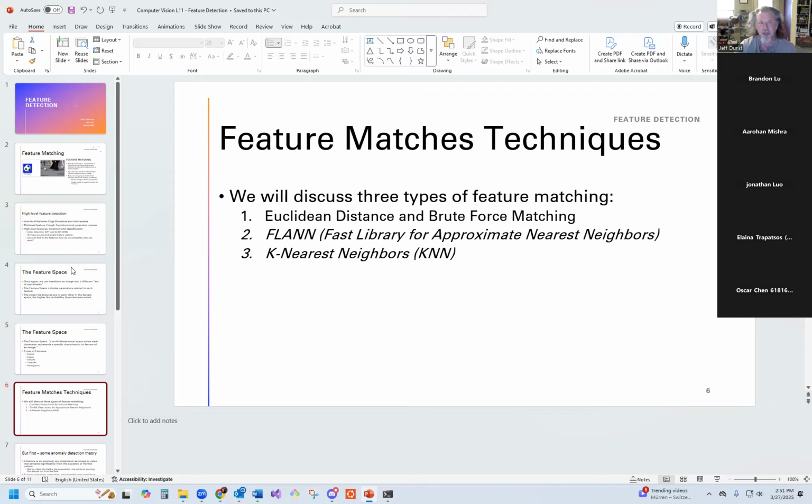The last thing we talked about before spring break and midterm and everything is that now we're going to go into detail about actual feature matching techniques. And so the first we discussed is this idea of Euclidean distance or brute force matching, where you just compare parameter by parameter between two vectors in a feature space, which is very, very slow, right?